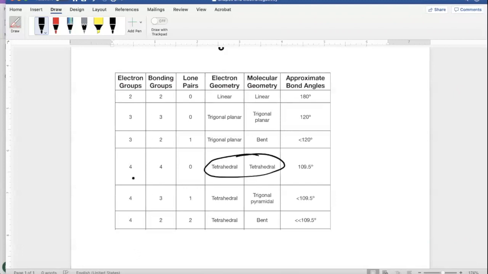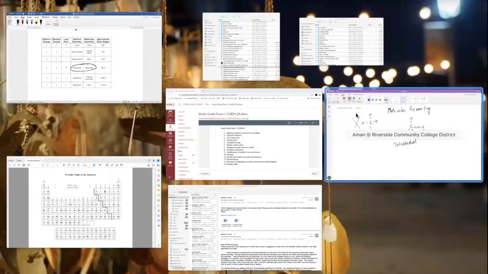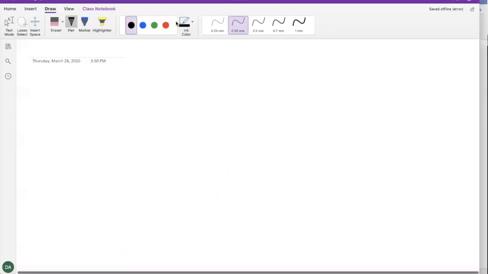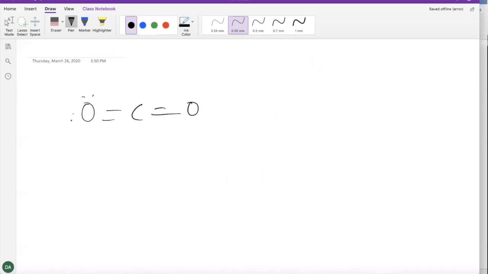Okay, so let's talk about this now. I'll go back to the example for CO2. You all remember this structure that we just drew for CO2? So the exam questions will be like this.